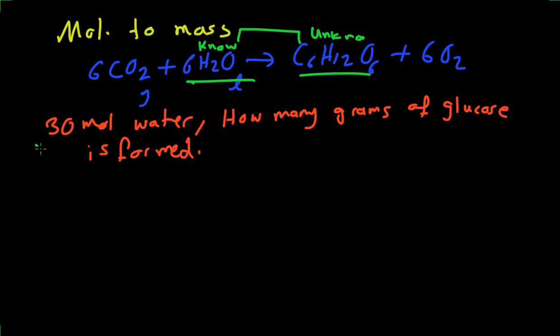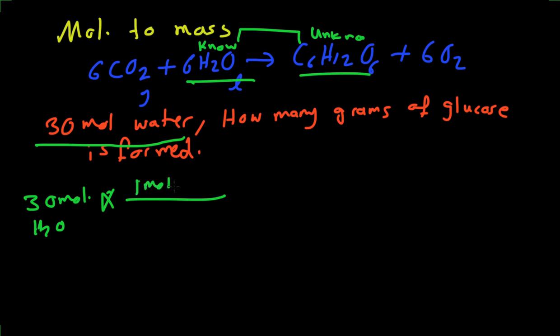So which one is given? 3 mole of water. So you will write 3 mole of water, H2O, multiplied by a conversion factor. Which one is unknown? Glucose is unknown.